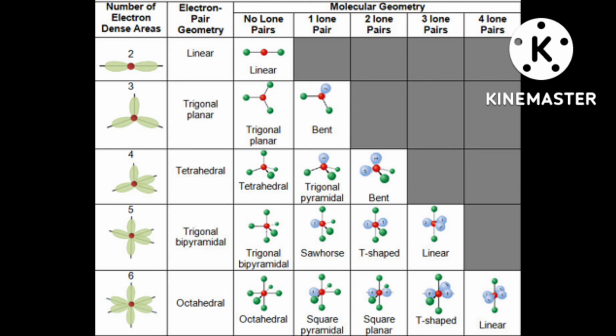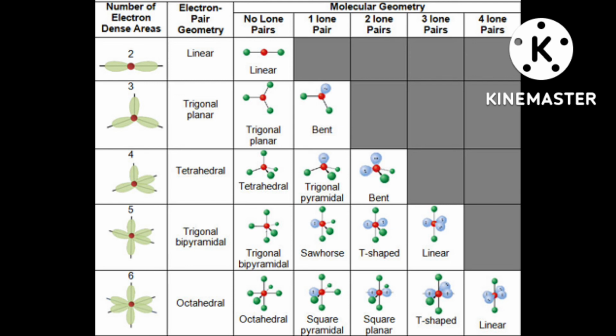Now if it is AB5, that means 5 atoms are attached to the central atom, total 6 including the central atom.